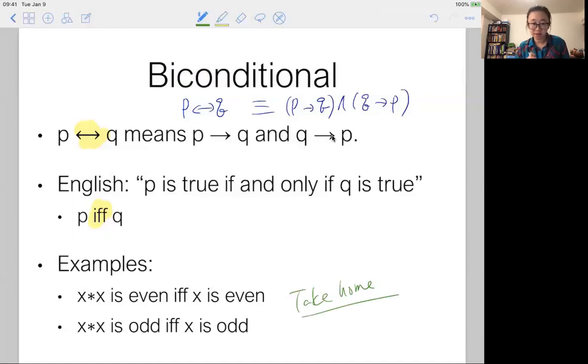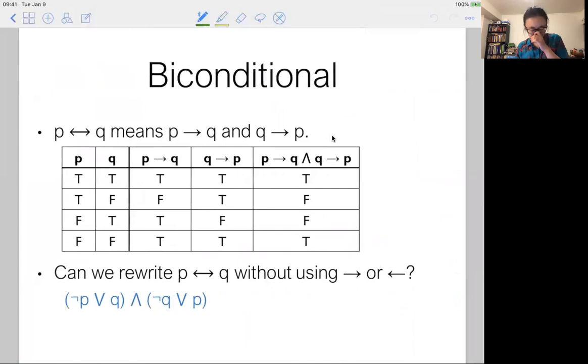If a number is even, then the square is even. If the square of the number is even, then the number is even. And later on, you're going to see this kind of proof in chapter 3. Okay, so of course, I just said that those two things are logically equivalent.